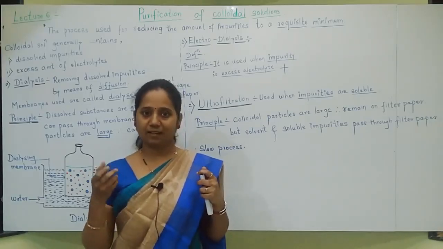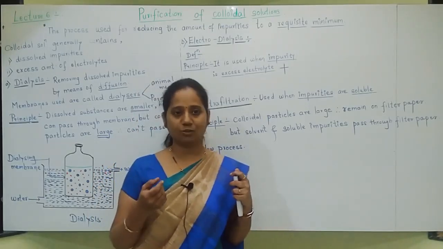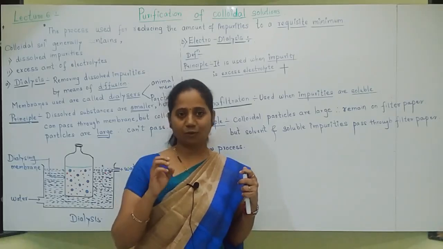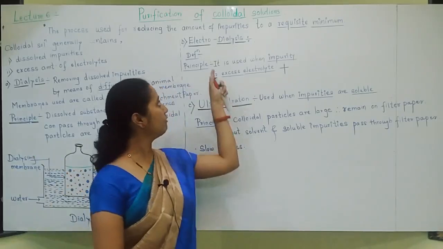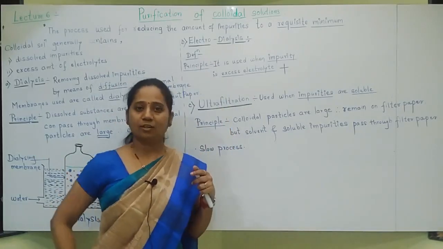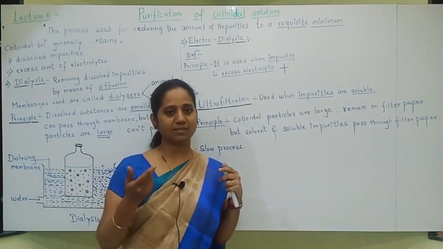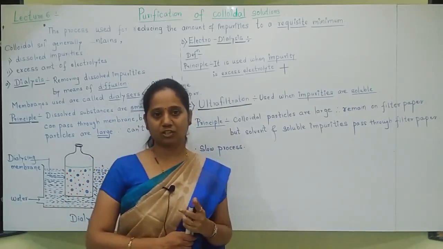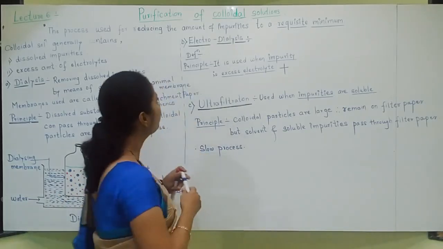Such dialysis is called electrodialysis. I hope students you understood the definition. In the definition of electrodialysis you should write: ordinary dialysis is slow, its speed is increased by applying an electric field, and such a dialysis is called electrodialysis.